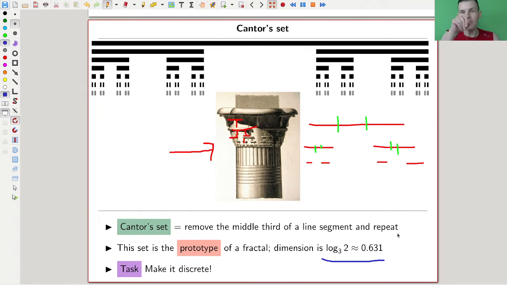You don't have log_3 3, which would be dimension 1, like the line itself. But since you remove the middle piece, you get log_3 2, which is roughly 63%. So it fills about 63% of the space a line would fill.